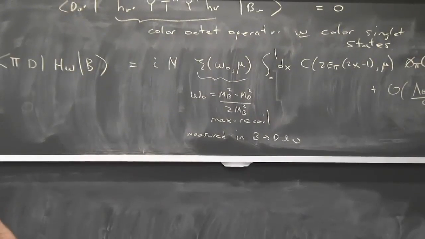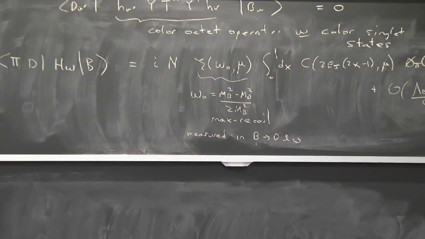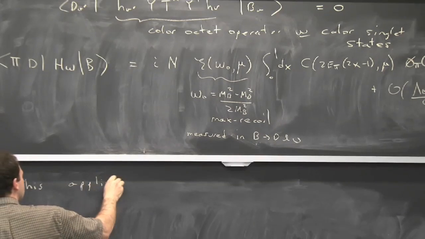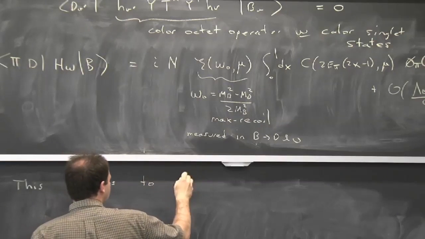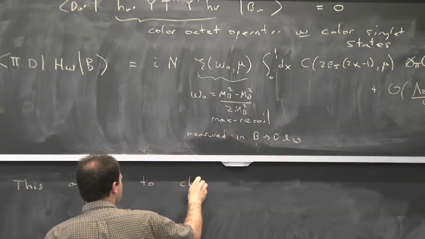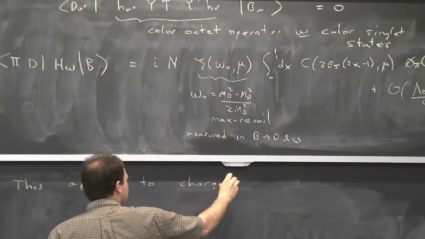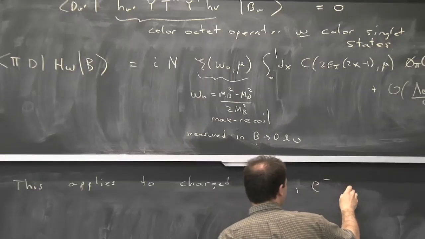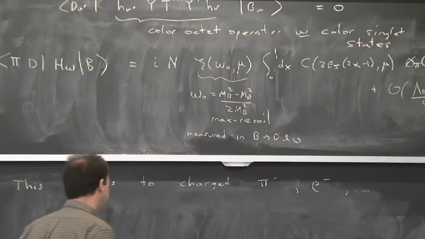Okay, so that gives you an example of how you would use these factorization theorems. So this applies to basically this type of factorization that we've just talked about. It applies to a lot of different things with charged pi minuses, or you can make the pi minus a rho minus, and that wouldn't really change anything.